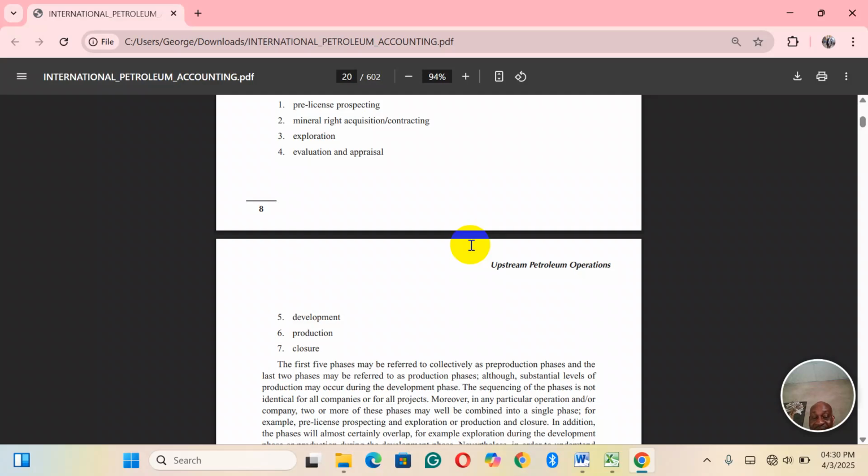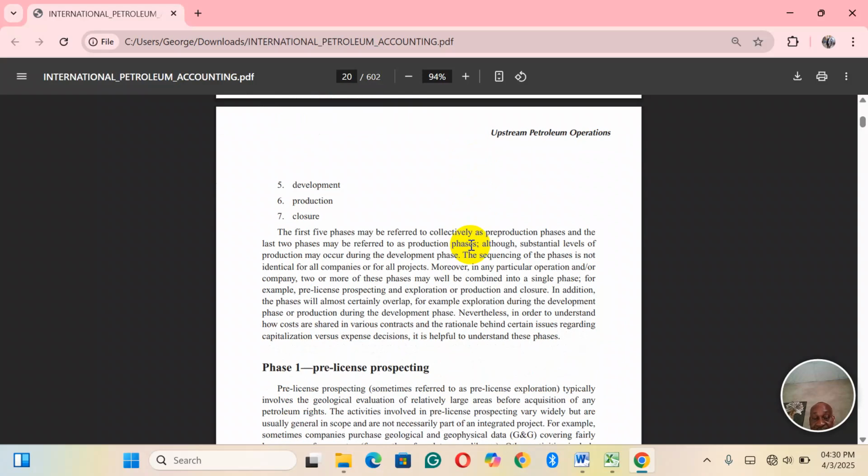Although substantial levels of production may occur during the development phase. The sequence of the phases is not identical for all companies or for all projects. Moreover, in any particular operation or company, two or more of these phases may well be combined into a single phase, for example, pre-license prospecting and exploration, or production and closure.